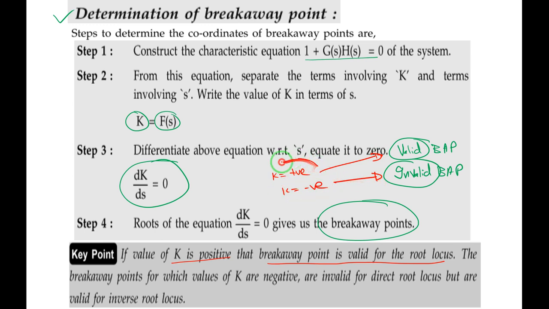Just by finding the value of k, we can tell. If I substitute the value of s here and get k as positive, I treat it as a valid breakaway point. If I get k as negative, it is an invalid breakaway point for direct root locus. I already told what direct root locus and indirect root locus are. In indirect root locus, the value of k is varied from 0 to infinity, which we are not seeing now, so leave it.